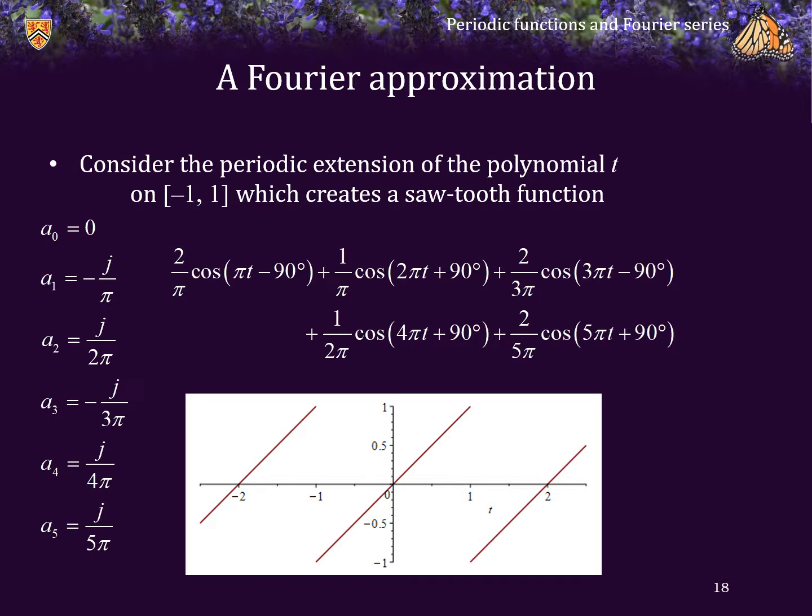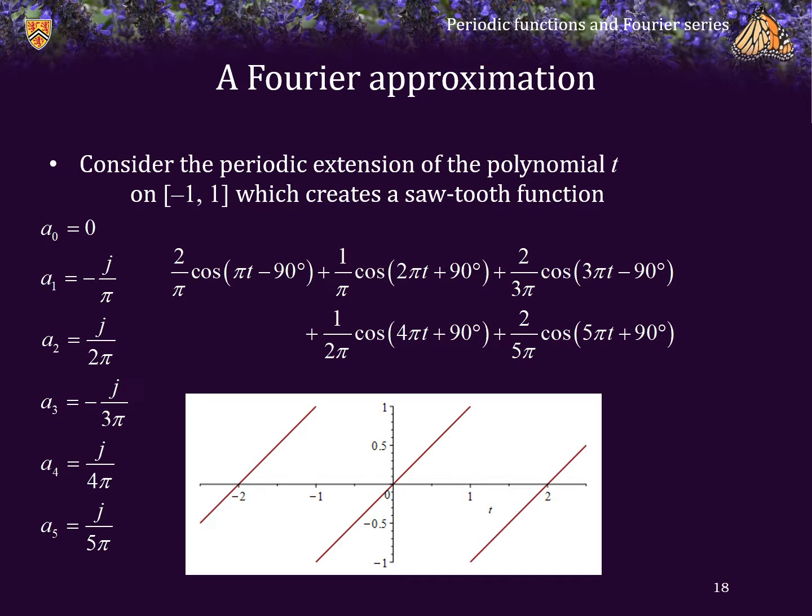Now we can see that our approximation is, in the first case, the absolute value of negative j over pi is just 1 over pi, times 2, so the coefficient is 2 over pi. That's for a1. The phase, or the angle, of negative j over pi is negative pi over 2, or negative 90 degrees.